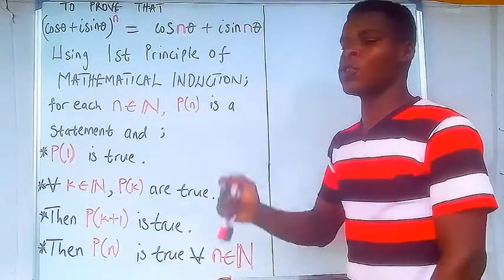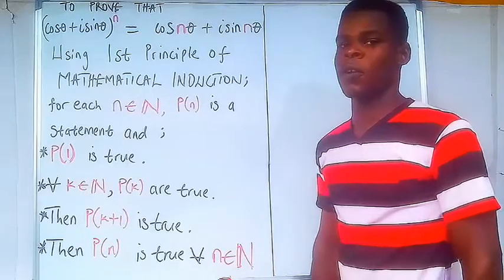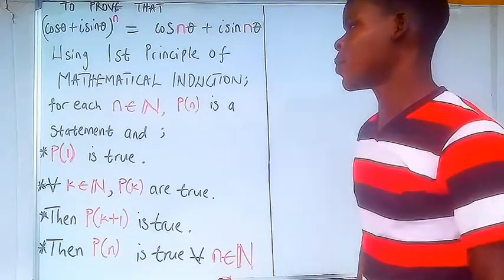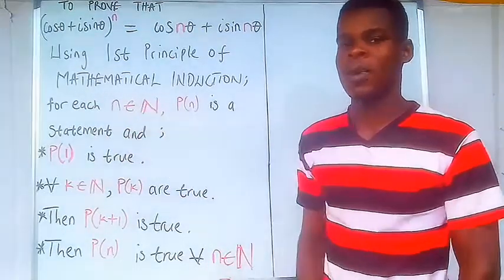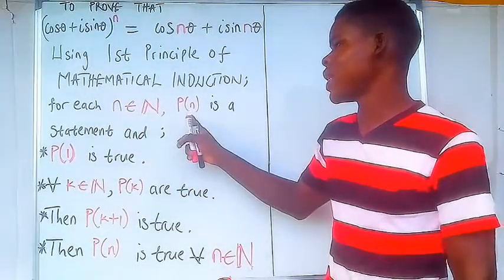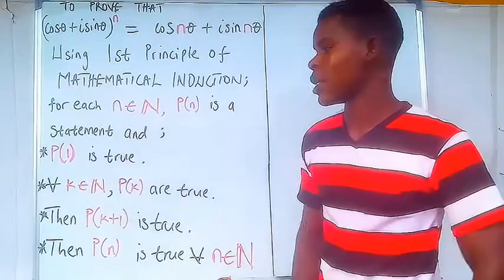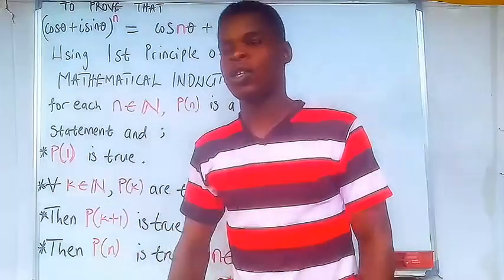Okay, now we're going to do this using the first principle of mathematical induction. The first principle states that for each n in the set of natural numbers, Pn is a statement and P1 is true.